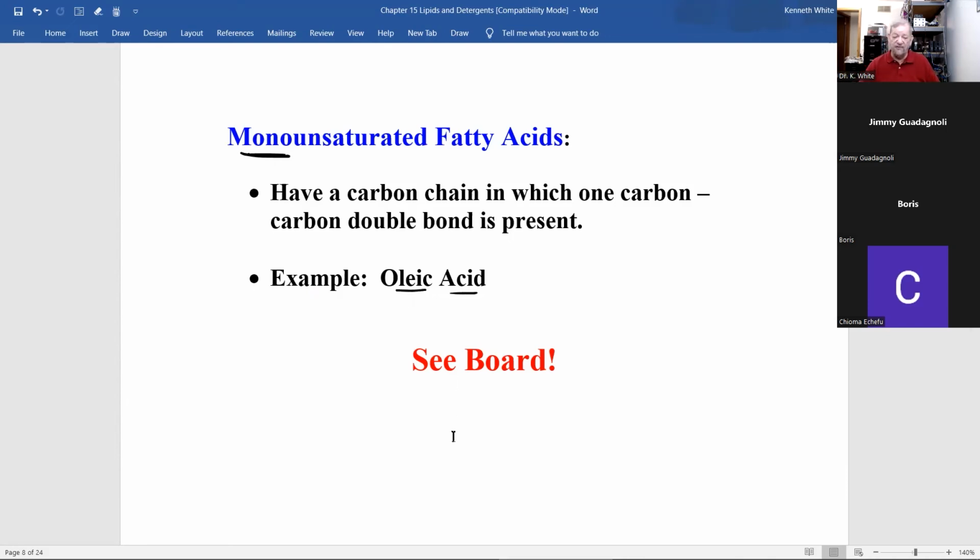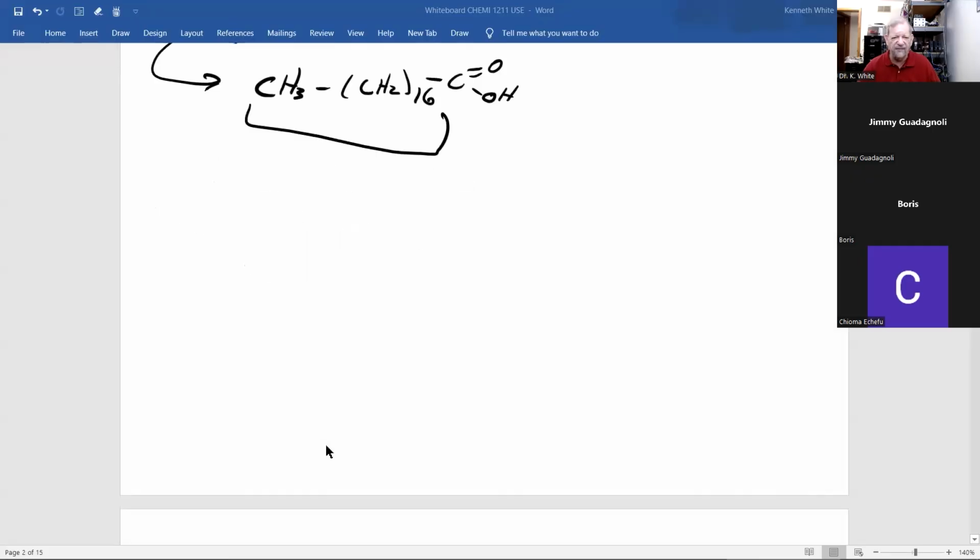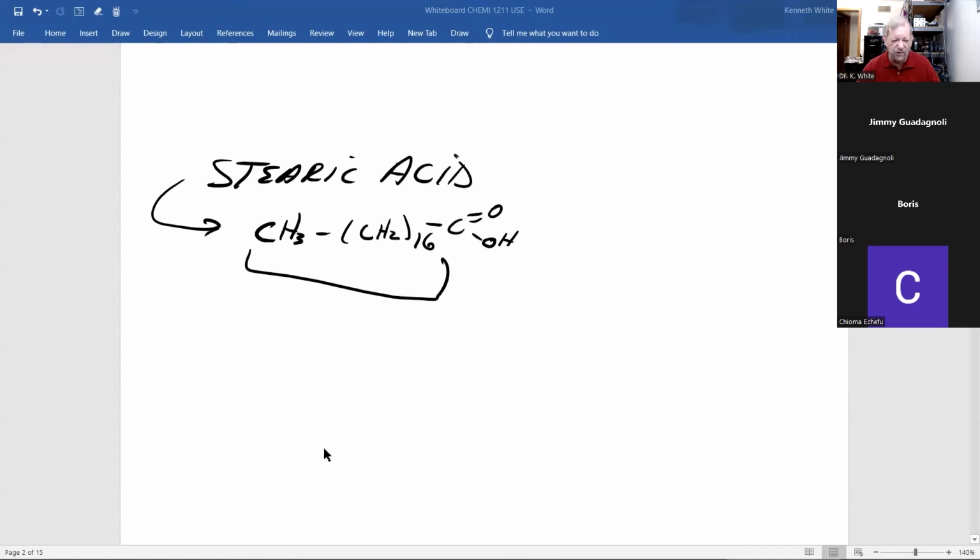And the company I work for, we made oleic acid. And let me show you the structure of oleic acid. In fact, when I was there, I developed 2 new quality types of oleic acid that sold quite well. And you should know the structure of oleic acid.